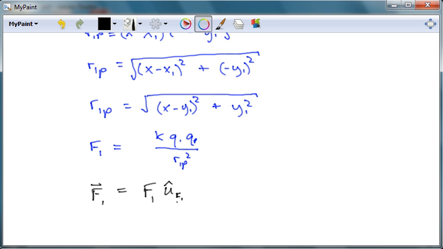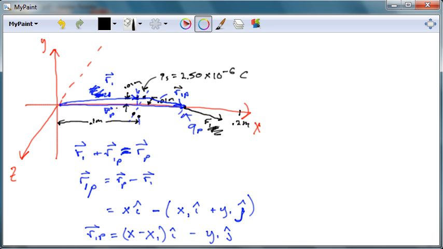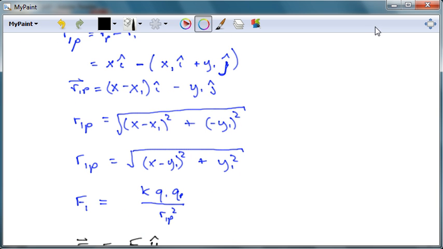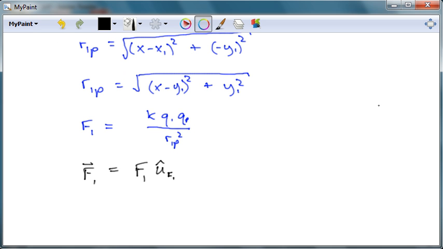Now, a unit vector in the direction of F1 in this case is the same thing as a unit vector in the direction of R1P. So F1 is equal to F1 times R1P hat.